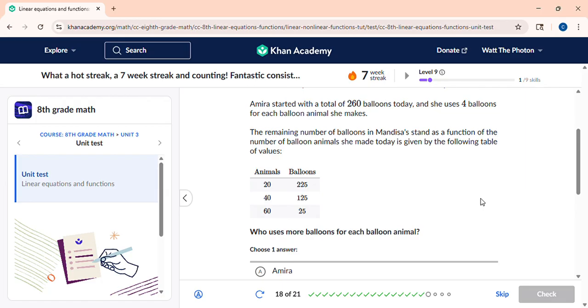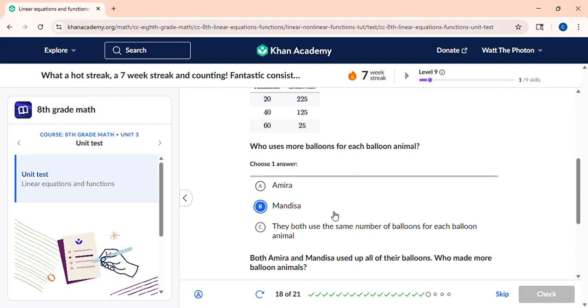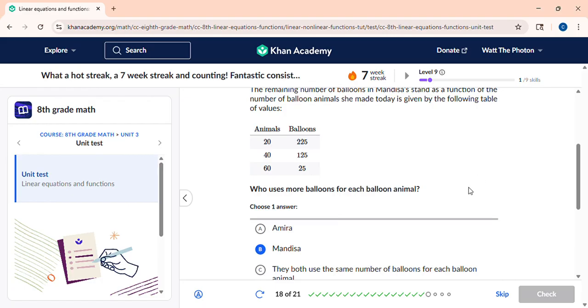So we have 60 minus 20 is 40, and 225 minus 25 is equal to 200. So we have 200, the number of balloons she used, divided by 40, the number of animals she made. She has 5. So Mandisa's stand has 5. So per animal, Mandisa used more.